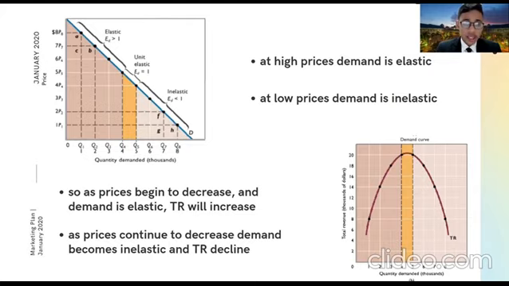Next, in the inelastic range, lowering the price of a product from $4,000 to $1,000 will cause the total revenue to decline from $20,000 to $8,000. In this case, the total revenue moves in the same direction as the price, confirming that demand is inelastic.